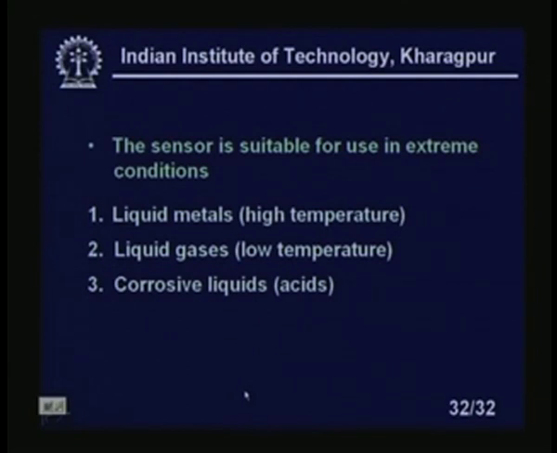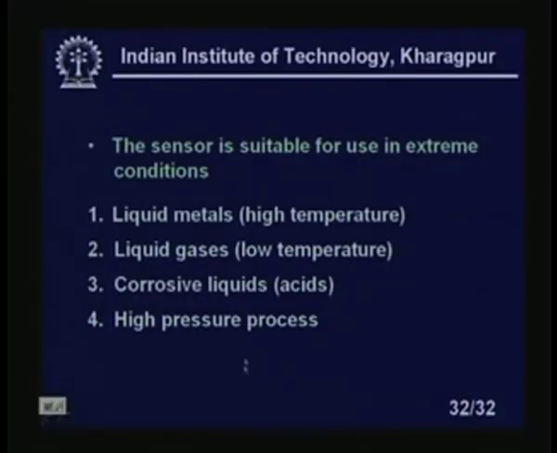Corrosive liquids like acids and caustics, where it is very difficult to measure with any other sensor, are very easy with capacitive sensors. You can have two stainless steel containers, and within that I can pour some corrosive liquids and make the level measurements. In high pressure processes where other sensors will fail, capacitive sensors also work very well, because the measurement is totally independent of the pressure of the liquid.